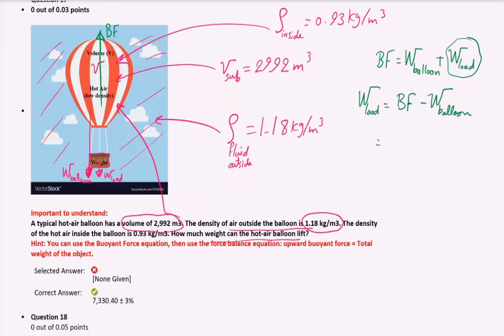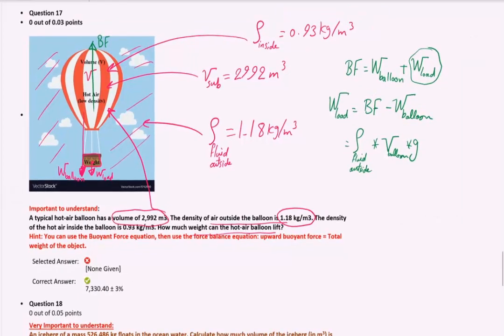What's the buoyant force? Density of the fluid, which is the outside fluid, comparable to the water if there is something inside the water. So density outside times the submerged volume, which is the volume of the balloon, times gravity.